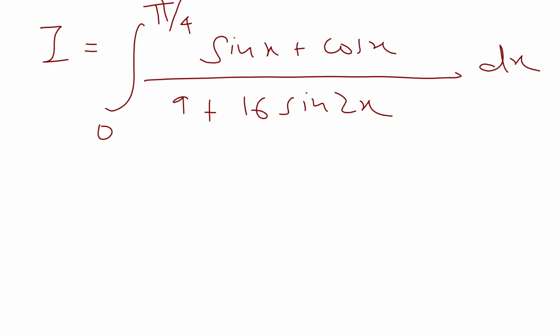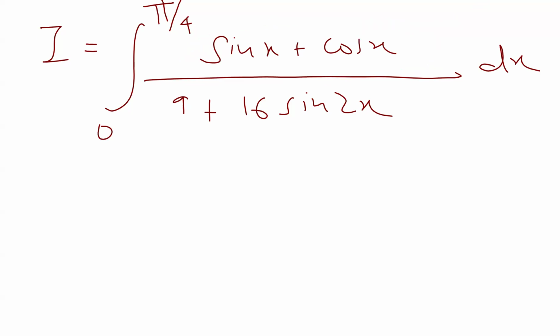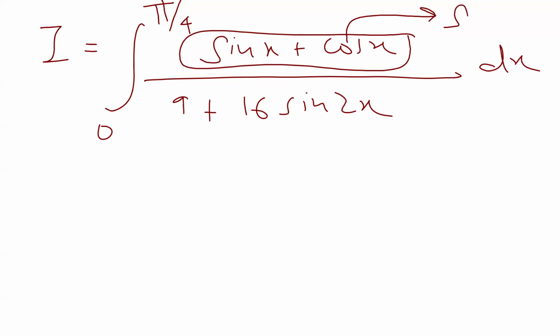What I'm going to do is, this part is the derivative of which term? Cos is the derivative of sine. Okay, we should think in this particular way. Fine. So cos is the derivative of sine, and sine is the derivative of cos?